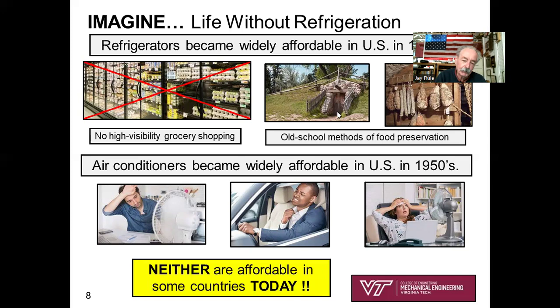Imagine having to preserve or store your food in a cave, or in a dried or salted environment simply so your food won't spoil. Imagine not having a refrigerator in your house.